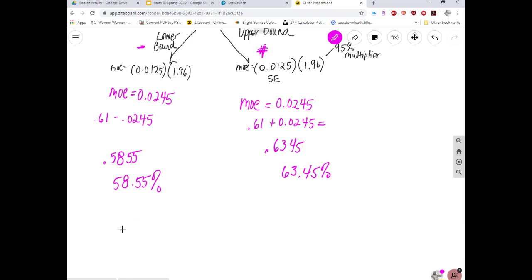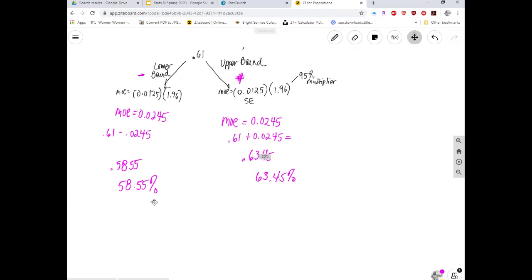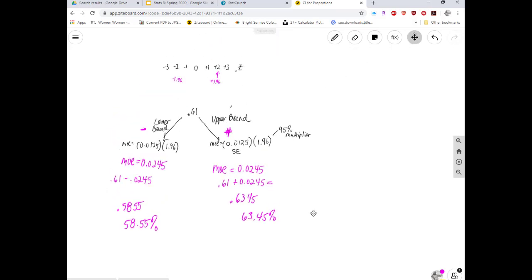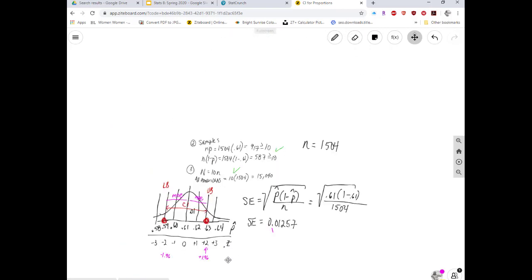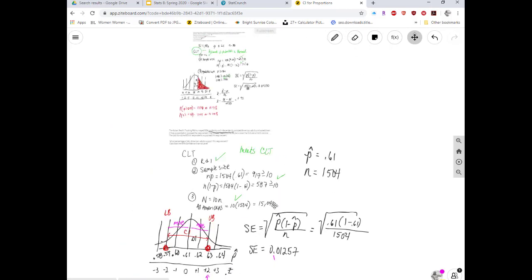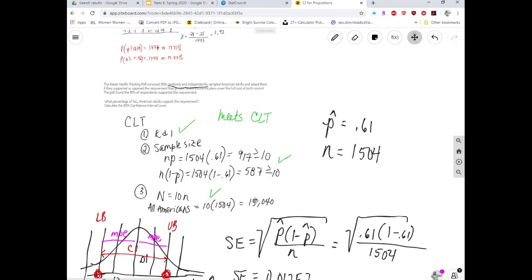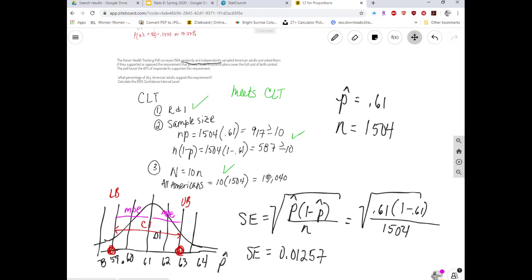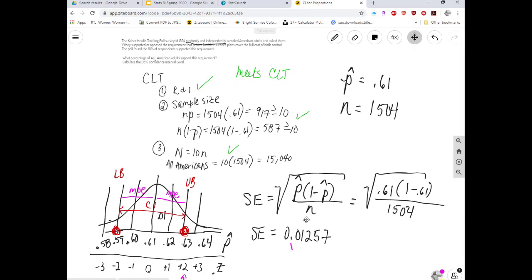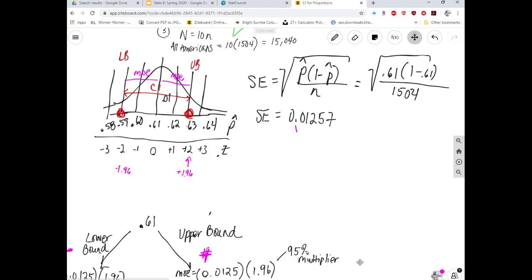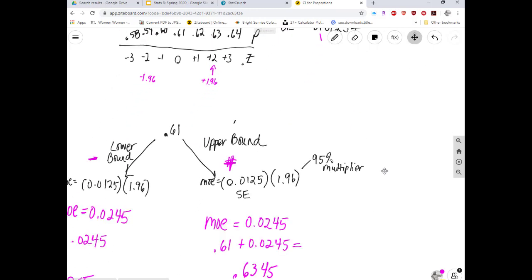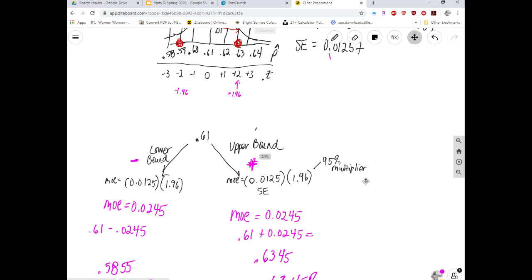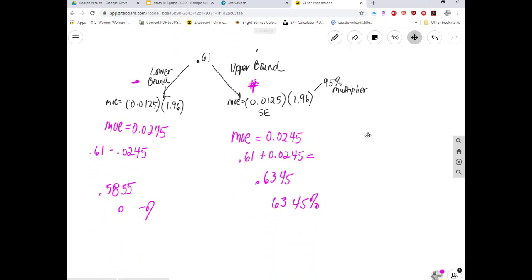It says, according to this sample, we believe that the true population proportion of Americans that are in favor of birth control being paid for by their health insurance provider is 61%. That is what we believe the proportion to be.